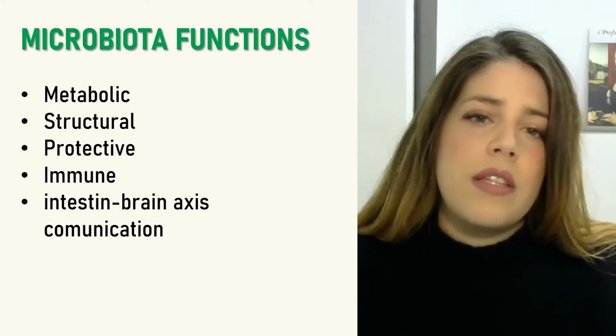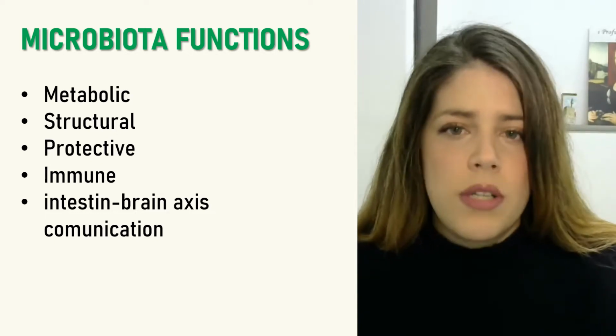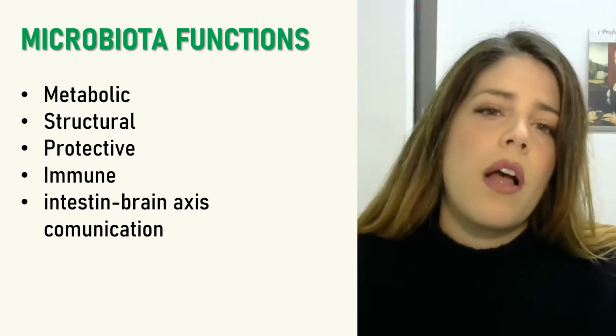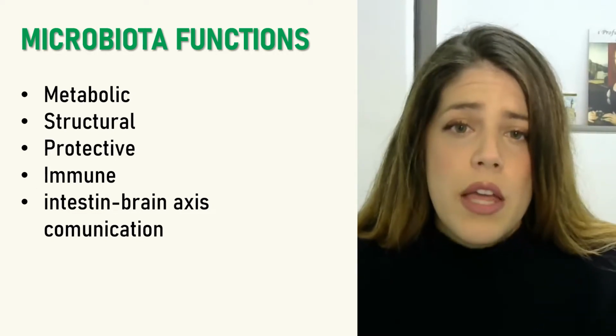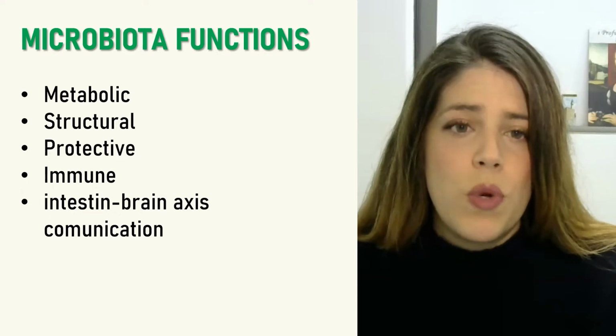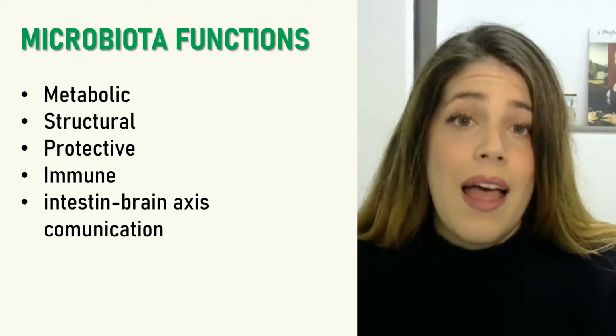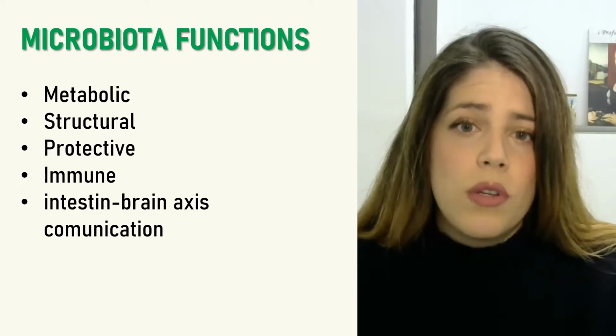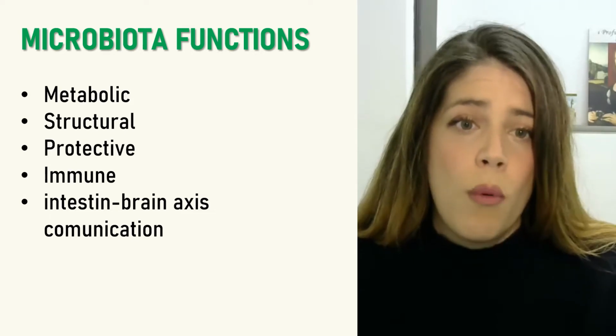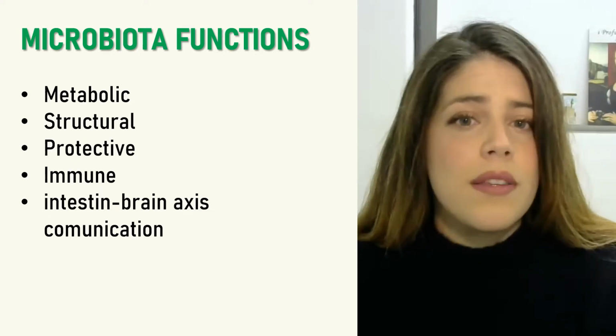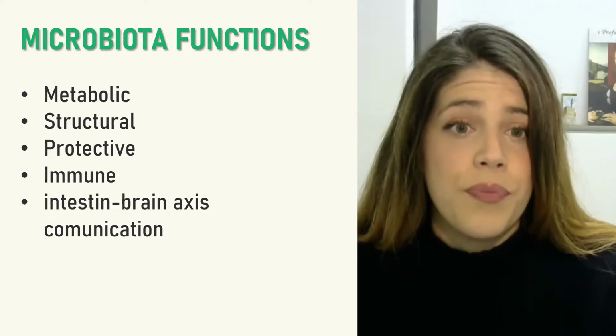Thanks to all these functions, the gastrointestinal tract becomes a complex ecosystem in which there is a dynamic balance between microbiota, the host, and diet. The microbiota has an absolute influence on homeostasis and therefore influences our state of health.